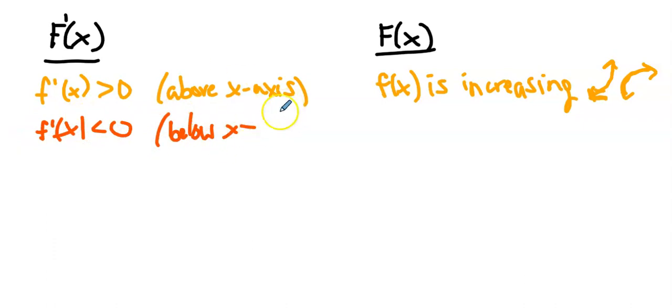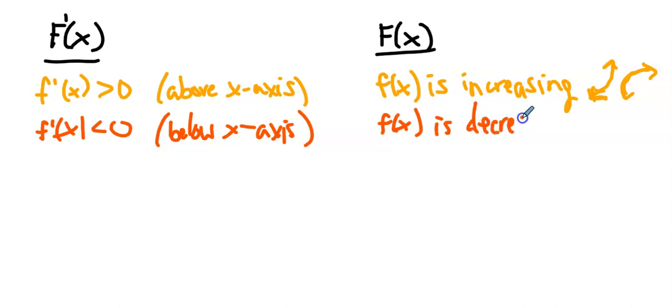Again, we never ever justify stuff by what's in the parentheses. And that just means that f of x will be decreasing. It'll be decreasing concave up or decreasing concave down. So that's the first little part of what we have to understand with these graphs.